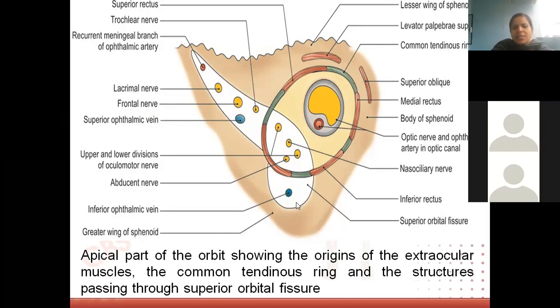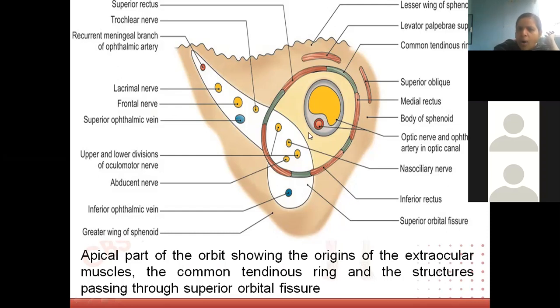In this way, it is easy for you to remember. How will you remember? Third, fourth, fifth, sixth cranial nerves, the ophthalmic artery, and two ophthalmic veins, superior and inferior. These are passing through this superior orbital fissure.